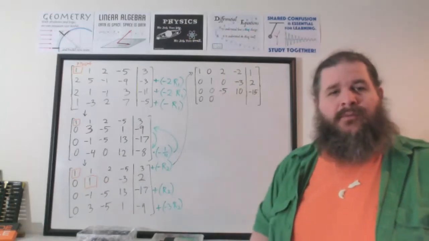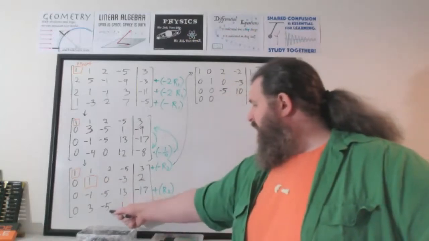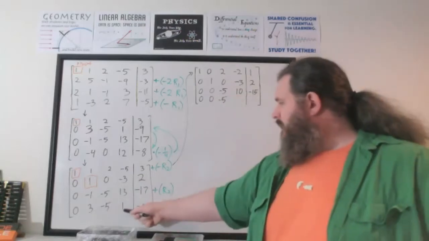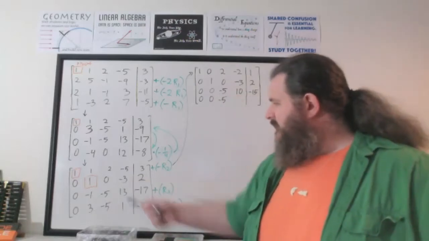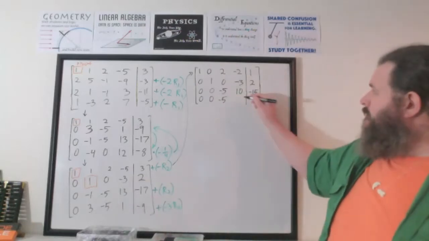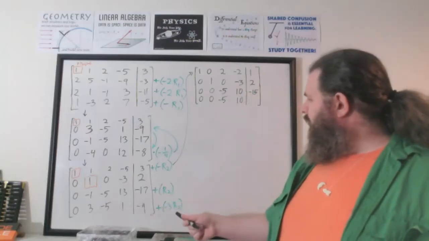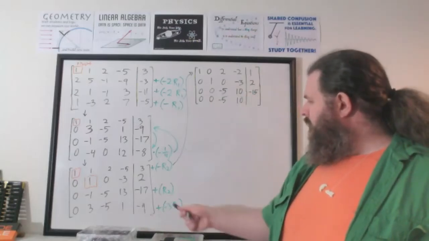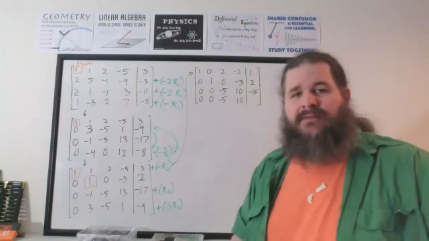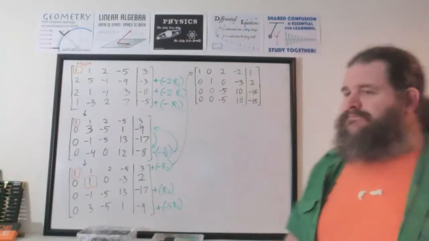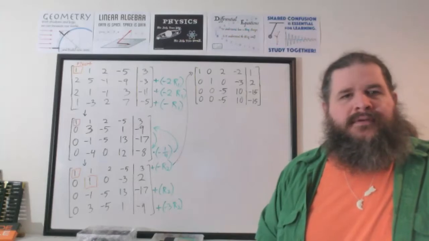Canceling that out was the whole point of this step. -5 plus nothing is still -5. 1 plus -9, so that's 1 plus 9. And -9 plus -3 times 2, that's -9 minus 6, so -15. Any questions on that so far?